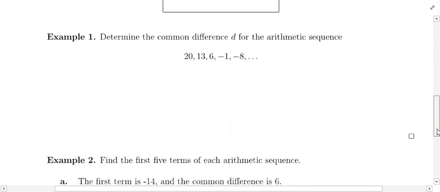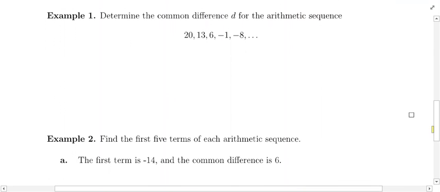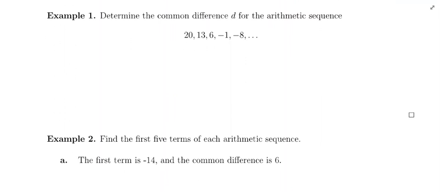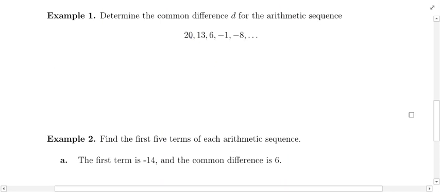Let's take a look at example 1. It says determine the common difference d for the arithmetic sequence 20, 13, 6, -1, -8, and so on. All you have to do is look at a pair of terms and figure out how you go from one to the next.